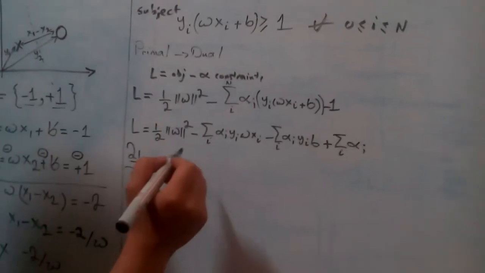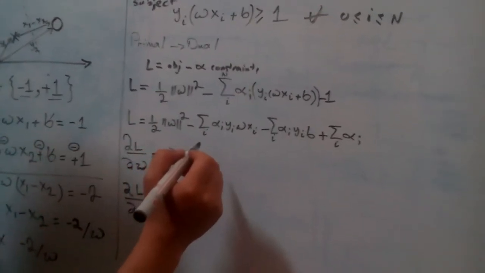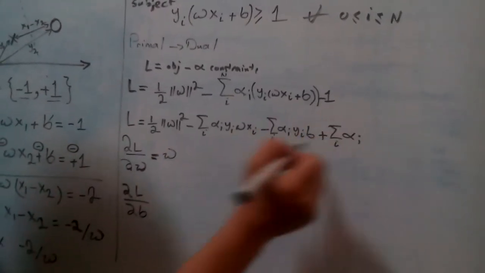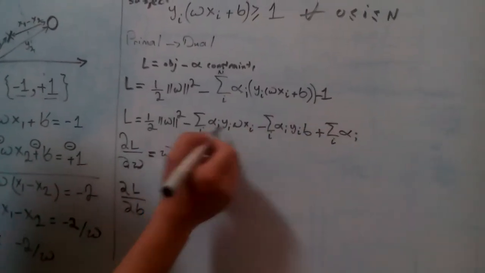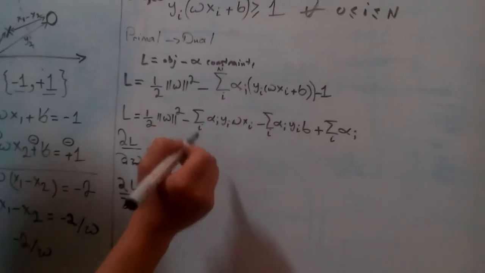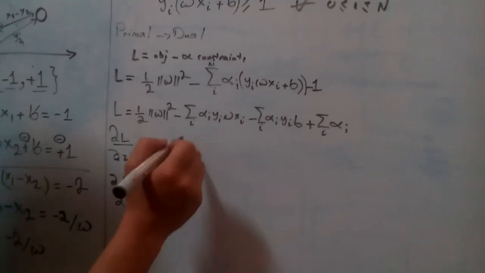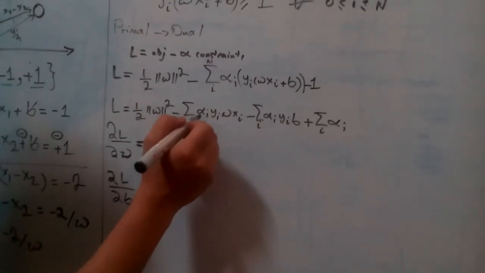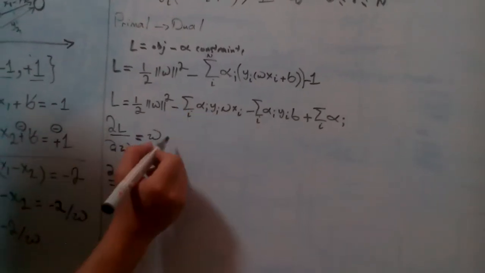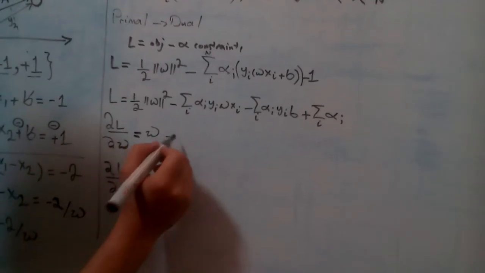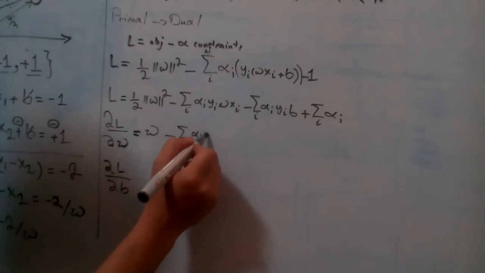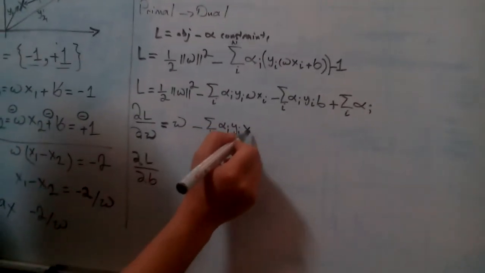Here we get the terms where omega appears. So this one and this one become 0. Here it becomes the coefficients of omega. The derivative of 2x is 2. The derivative of 2 omega is 2. Here our constants are alpha, y, and x of i. So this becomes negative sum over i, alpha of i, y of i, x of i.